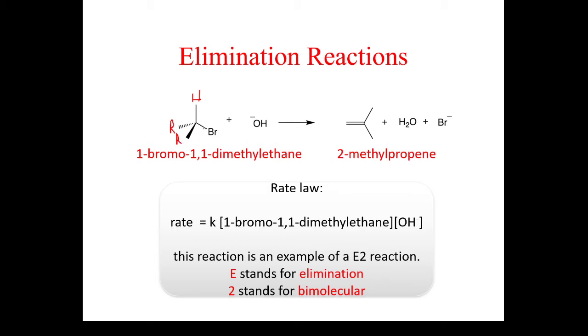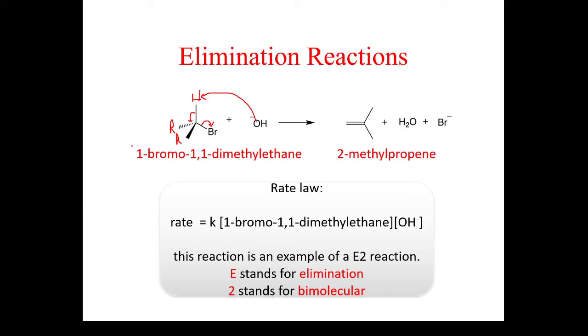So if this is happening in one step, the bromine is leaving, and the reason the bromine is leaving is because the OH is attacking the hydrogen and stealing the hydrogen, and these electrons are coming down to make the double bond. Okay, so we're getting a double bond, and I did it the wrong way. Let me undo that. Let's get the eraser here. And actually, it would be making the double bond with the methyl group. Just so I'm doing it correctly, it would be coming right here to make the double bond there.